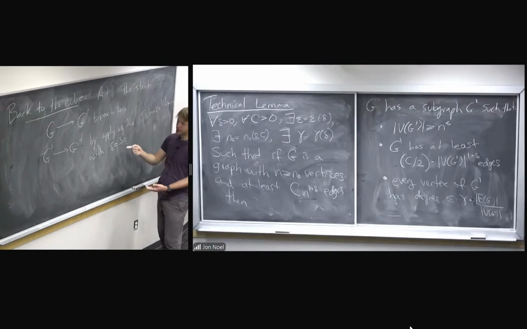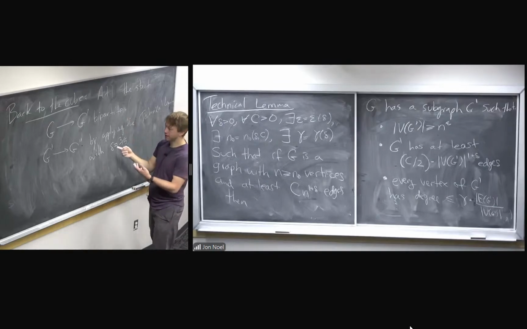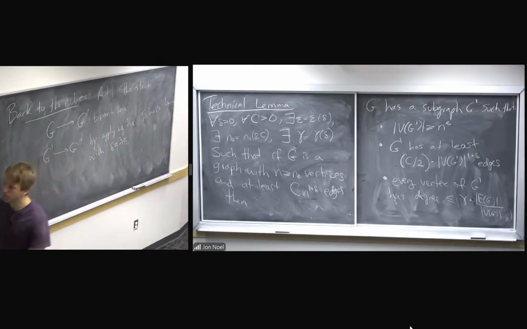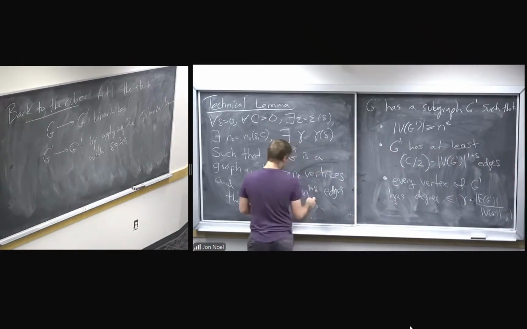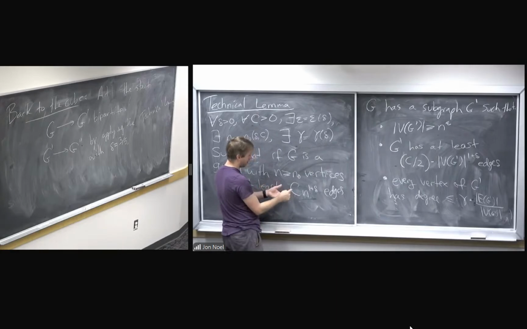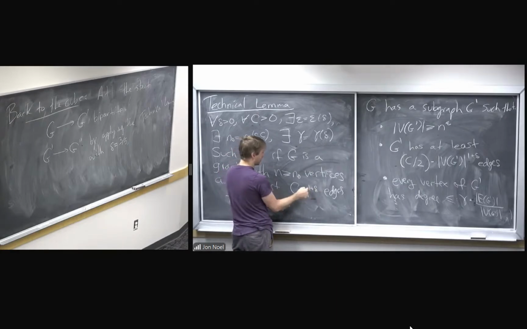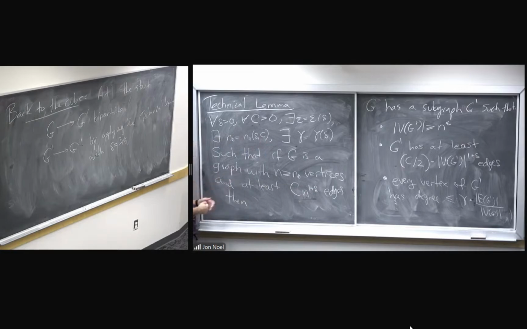C is just the C from the beginning of this proof, and so the hypothesis holds, right? Because G prime has at least C times n to the 1 plus delta edges and n vertices. Oh yeah, at the beginning of the proof, we should have probably let n be very, very large, bigger than some n naught.